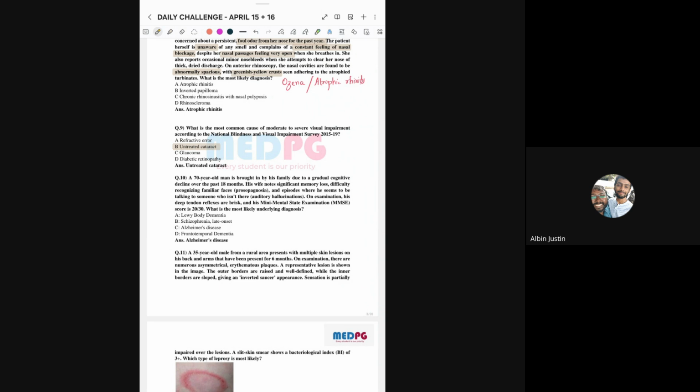So refractive error is the most common cause of visual impairment overall. What about glaucoma? It is the important cause of irreversible blindness. Whereas a reversible blindness, it is cataract.